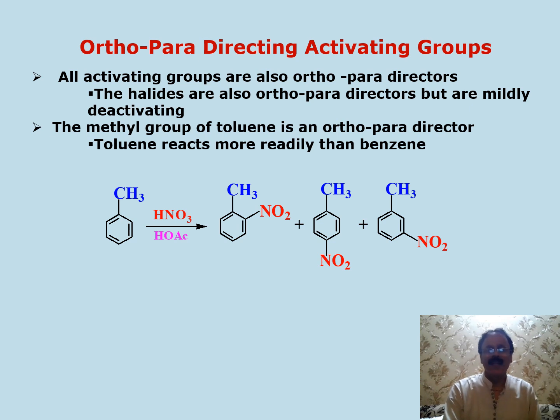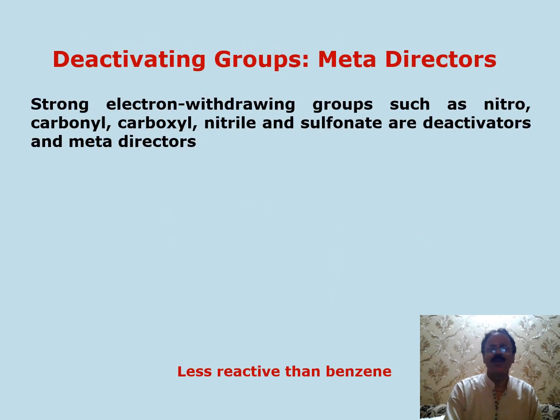You can see the example given. And then ortho, meta, para. The ortho position is 63%, para position 34%, and there is slight formation of 3% of the meta. So mainly ortho para.